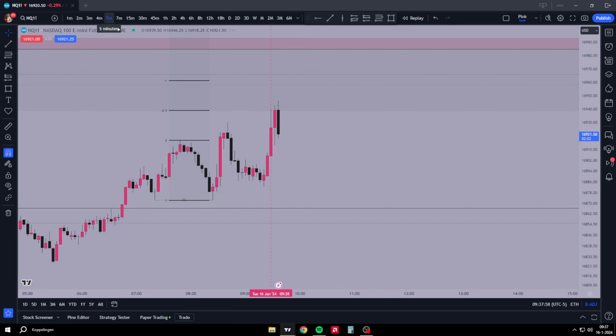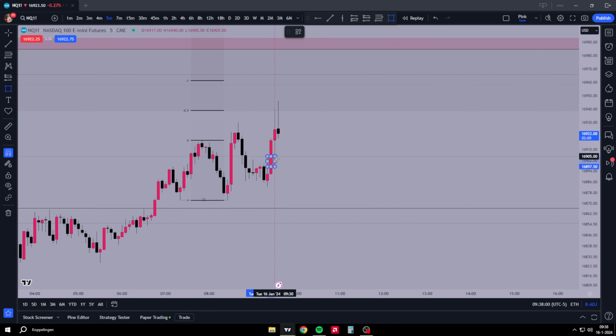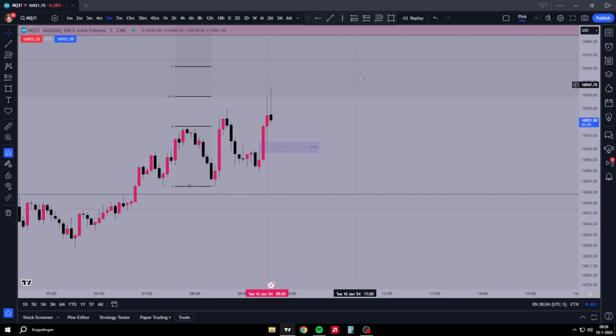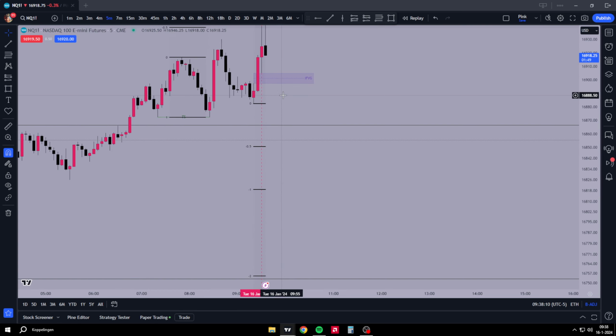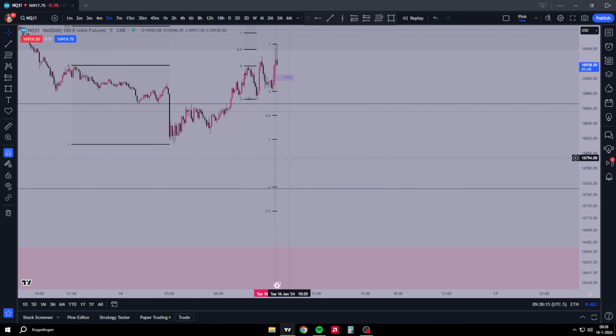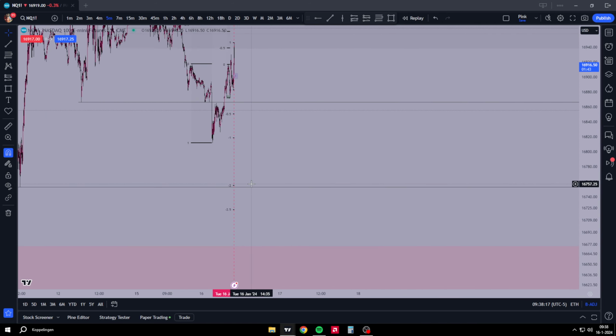Look for a single fair value gap here, a 5-minute fair value gap here. So maybe we could actually take a trade on this inversion. Let's see where the standard deviation is. We have a swing high, a swing low, a higher high. Nothing there really. -2, -2.5 does bring us that low.